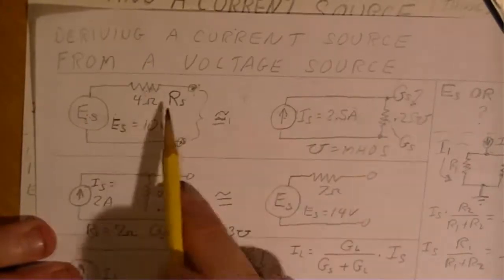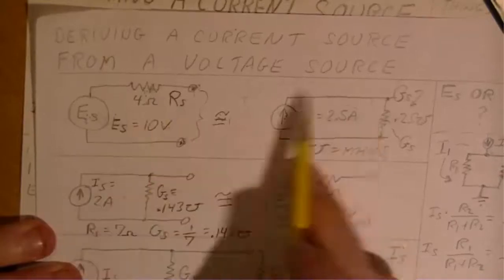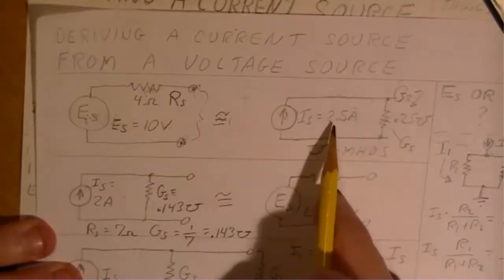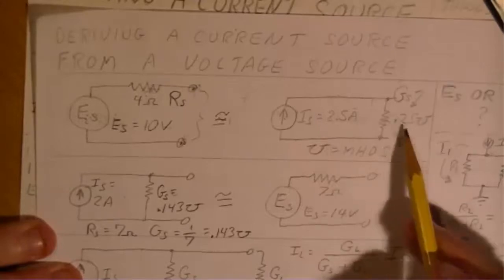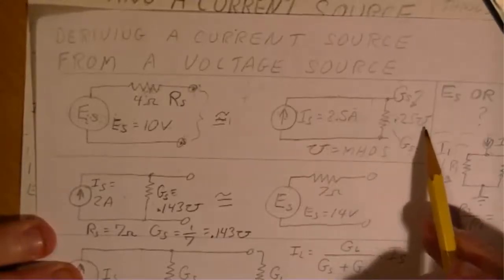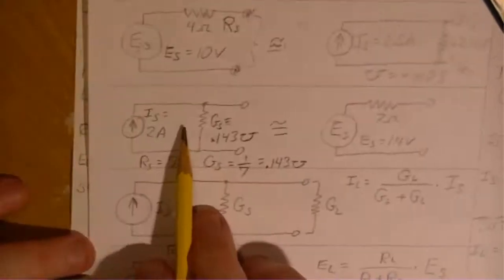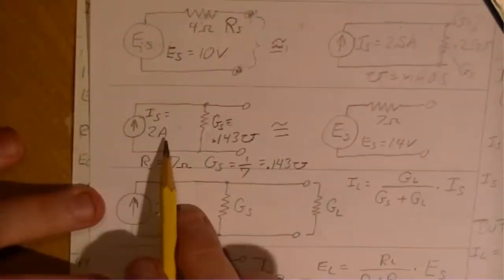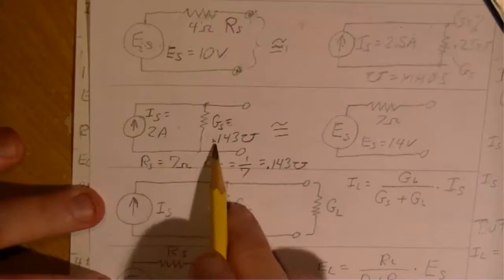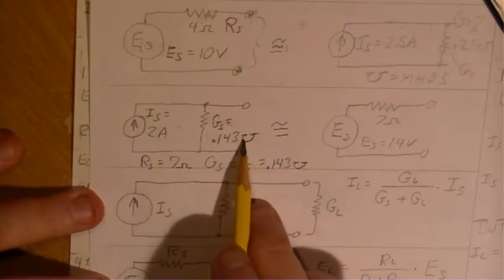So the equivalent current source for this voltage source is a current of 2.5 amps at 0.25 mhos. Here is another example where you have 2 amps of current source and 0.143 mhos.